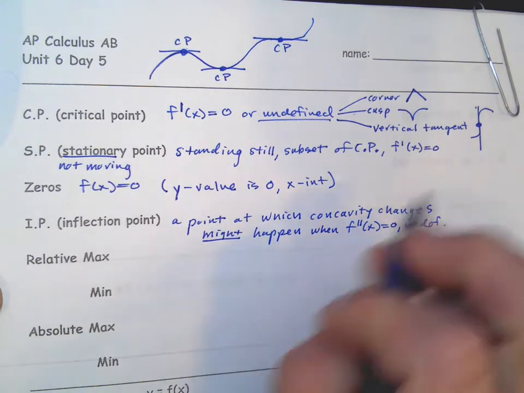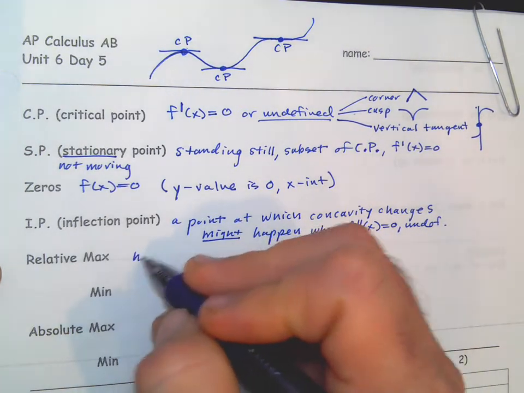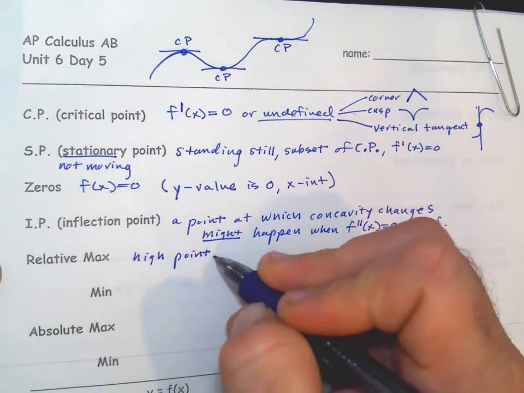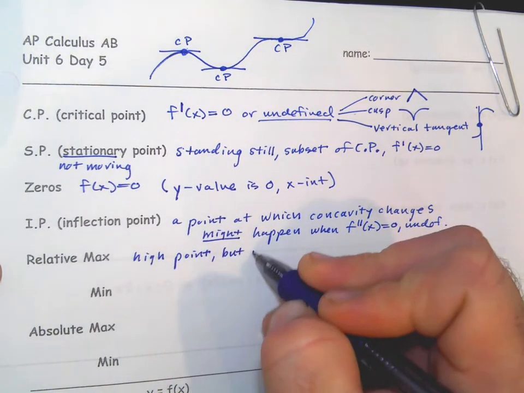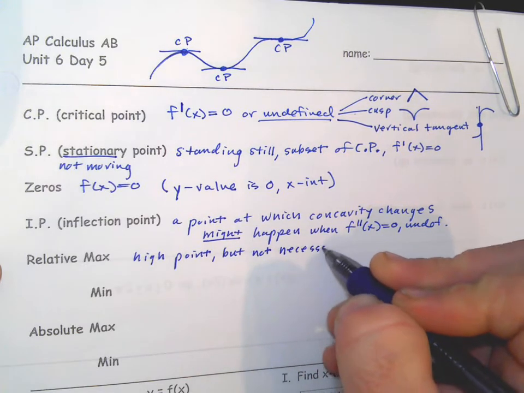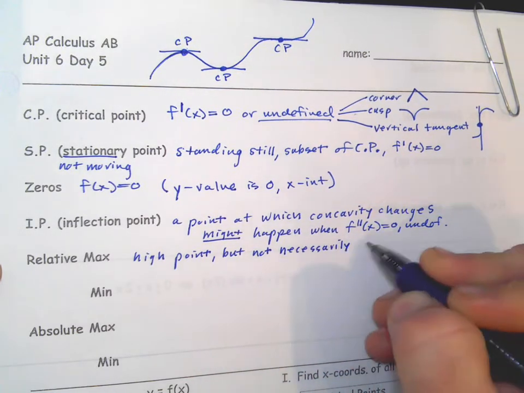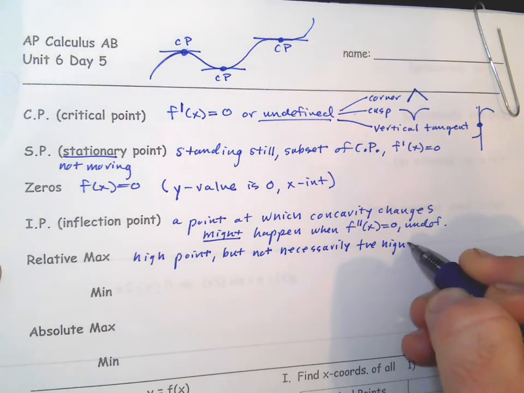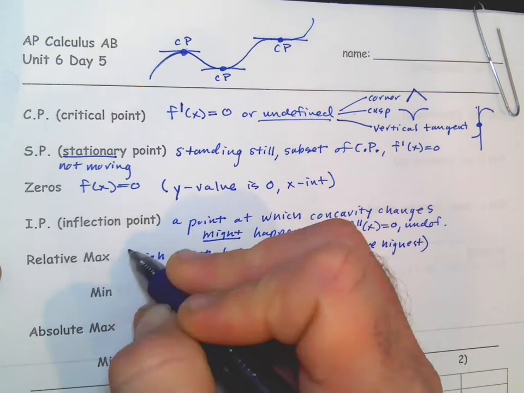Relative max is a high point, but not necessarily the highest. So it might not be the absolute max, but it's a high point locally.